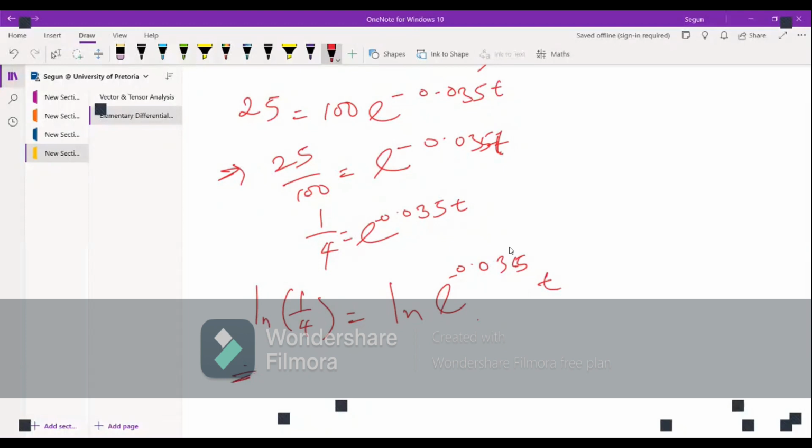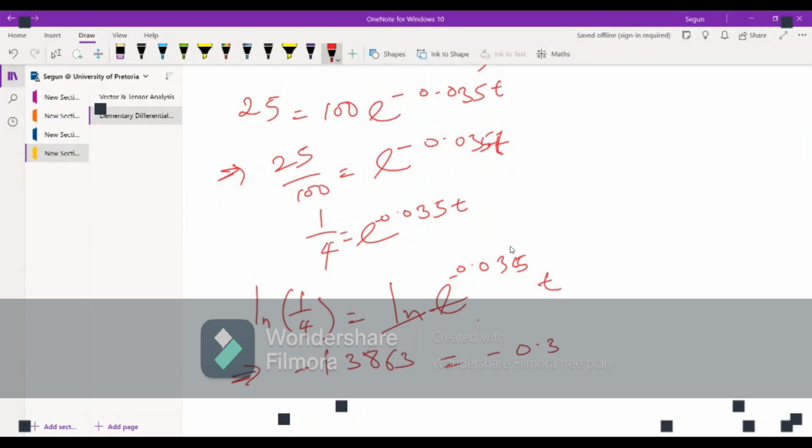We have negative 1.3863 equals negative 0.035t.